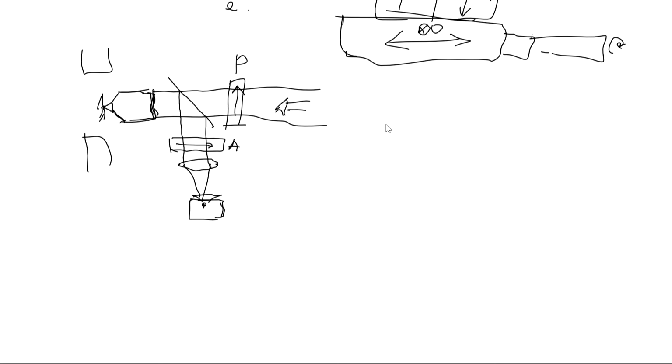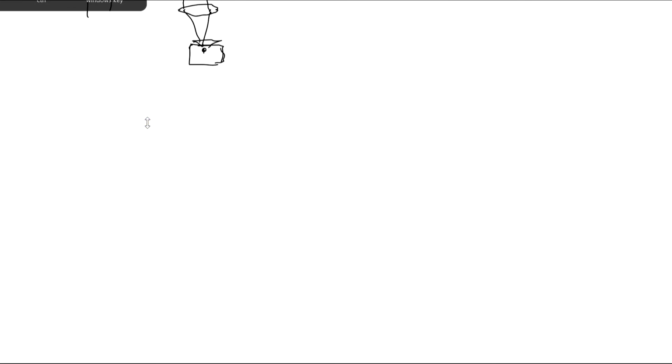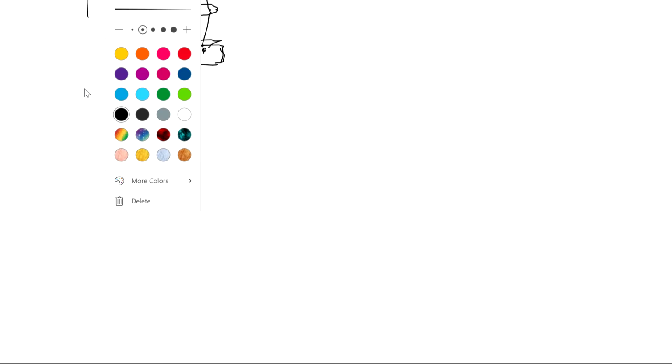Alright, so we define domains as small regions in ferromagnetic materials within which all the magnetic dipoles are aligned parallel to each other. So now let's look at how domains are formed.